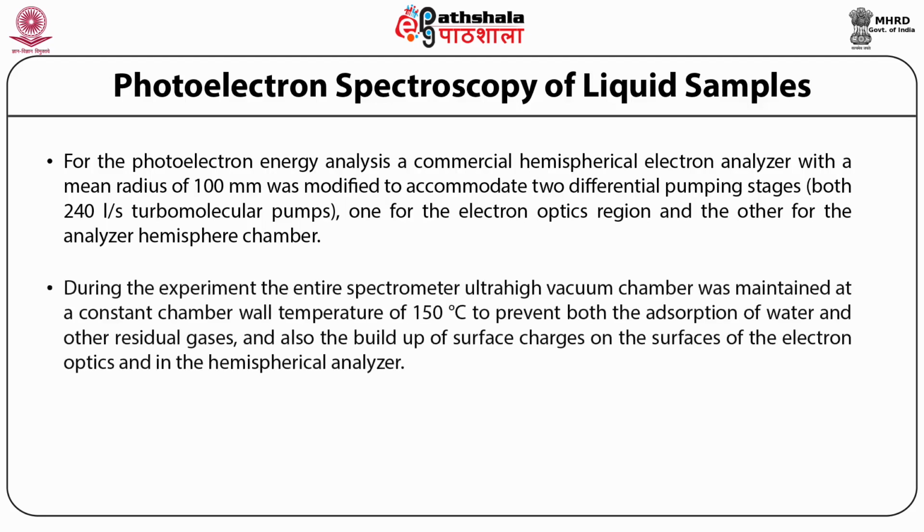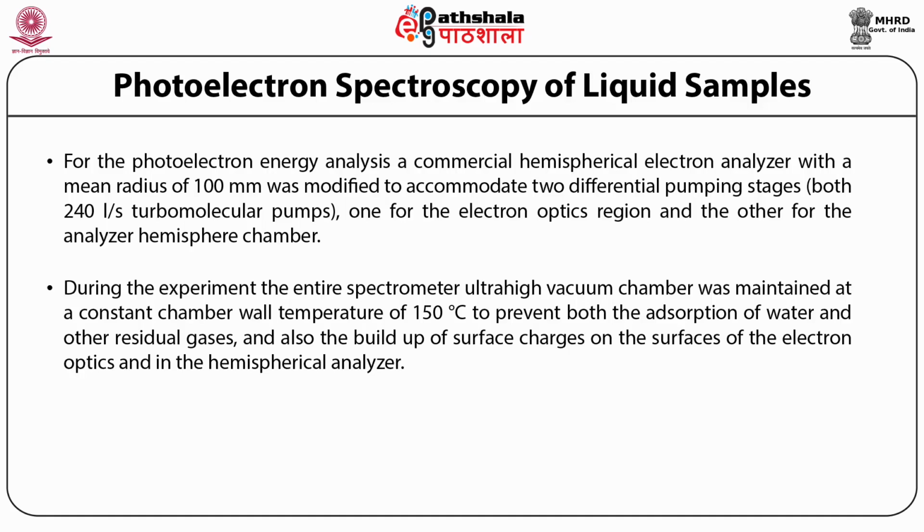During the experiment, the entire spectrometer ultra high vacuum chamber was maintained at a constant chamber wall temperature of about 150 degrees C to prevent both the adsorption of water and other residual gases, and also the buildup of surface charge on the surfaces of the electron optics and in the hemispherical analyzer.